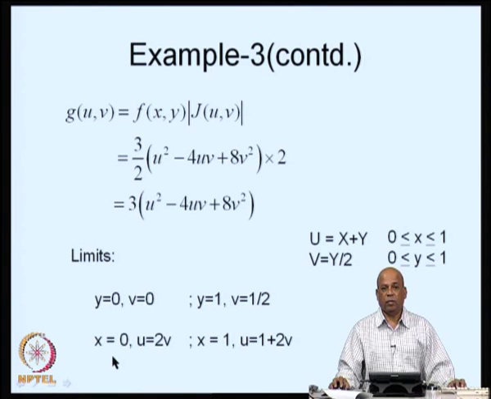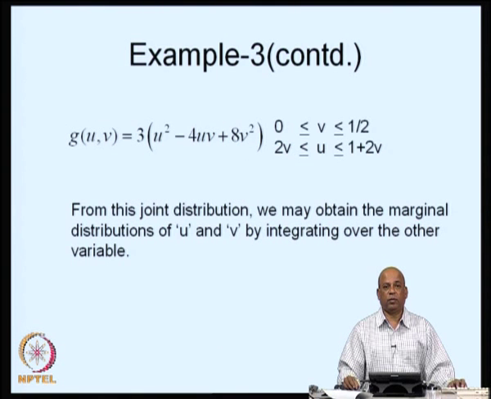When x is equal to 0, u is equal to y, which is equal to 2v, and when x is equal to 1, u will be equal to 1 plus 2v. So, the limits are expressed as v going between 0 and half and u going between 2v and 1 plus 2v.